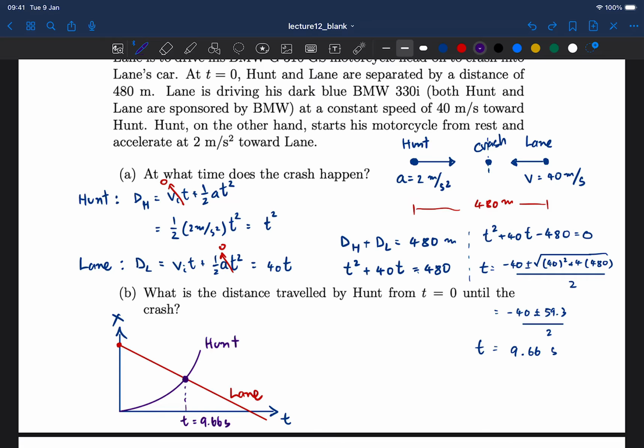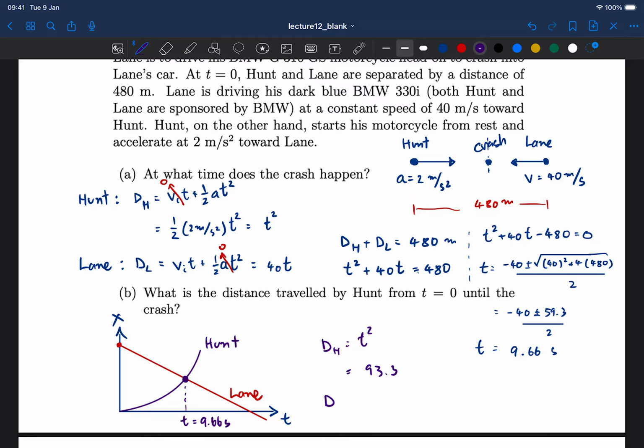Okay, so what's the distance traveled by Hunt from t equal to 0 until the crash? Well, we just need to substitute t back into the equation for Hunt, because distance for Hunt is just t squared, so it's just 9.66 squared, which is 93.3.